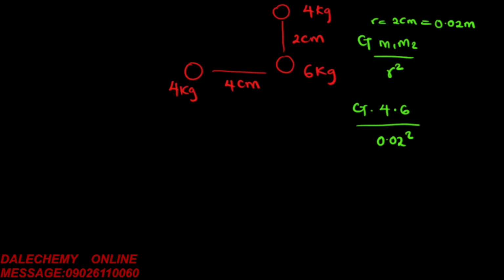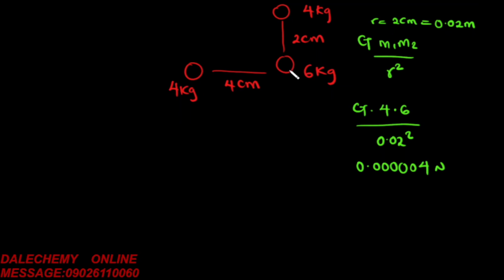It gives 6.67 times 10 raised to the power minus 11 times 4 times 6 divided by 0.02 squared. So this gives the force to be 0.000004 Newton. So that's the force of attraction between these two.